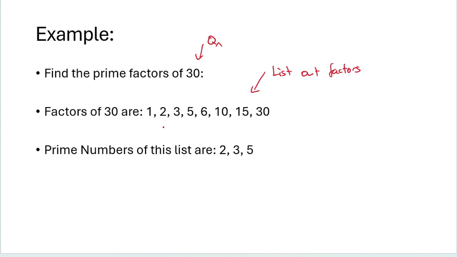The factors of 30 are 1, 2, 3, 5, 6, 10, 15, and 30. The final thing is you need to find which of these factors are prime numbers. Based on our list, we got 2, 3, and 5. These are prime numbers. And 6, 10, 15, and 30 are composite numbers. And we don't include 1 as a prime number. Okay? So that's how it goes.